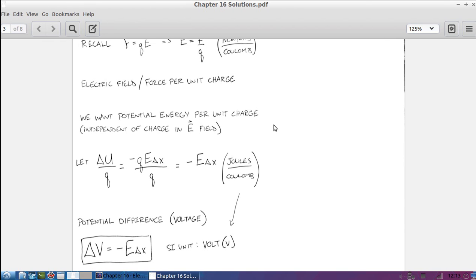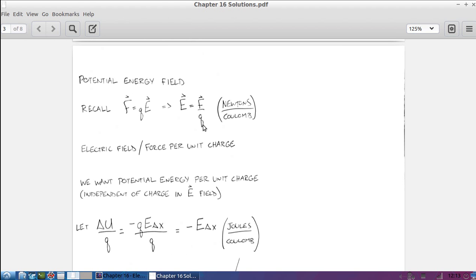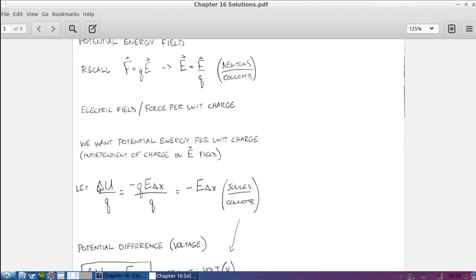So I want a potential energy value per unit charge. Just like I want a force per unit charge for an electric field, I want a potential energy field. So I want the potential energy per unit charge in between these two plates. So I take my new expression for electric potential energy in a uniform field, negative QE delta X, and divide it by the charge, and I've got an expression for the potential energy field.